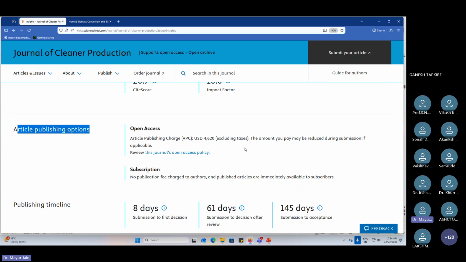So you can try such journals by sending a mail. You should not simply rely on whatever is given on the website. If it is in your domain, you just write a mail that we do not have the funding, so is there any possibility to waive off the amount?